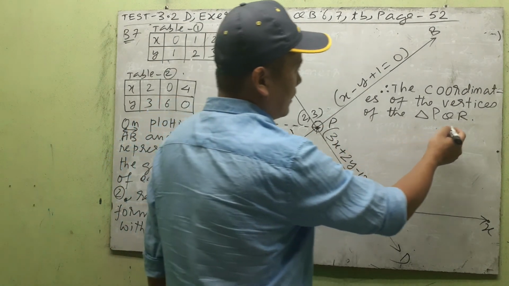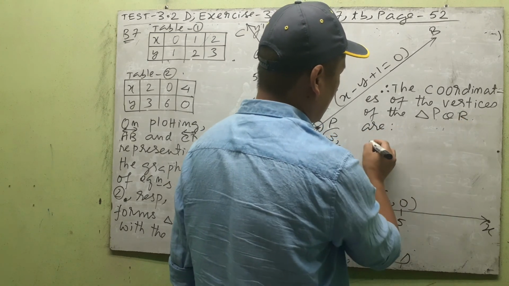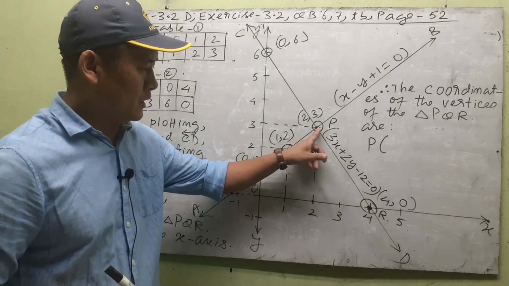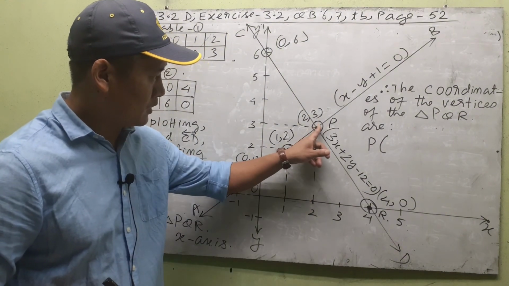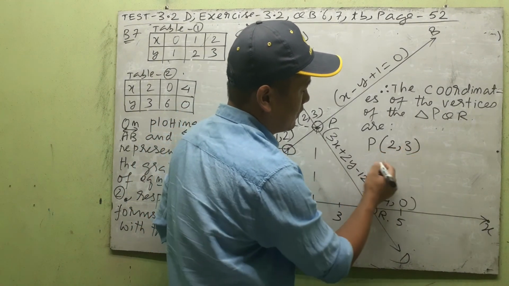So the coordinates of the vertices of the triangle PQR are: first vertex P having coordinates x is 2, y is 3. So first answer is 2, 3.